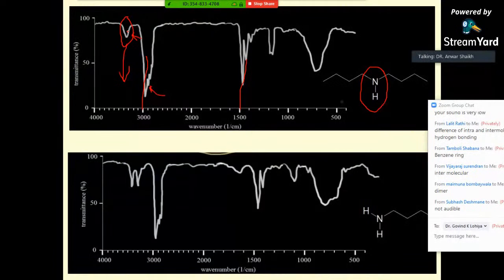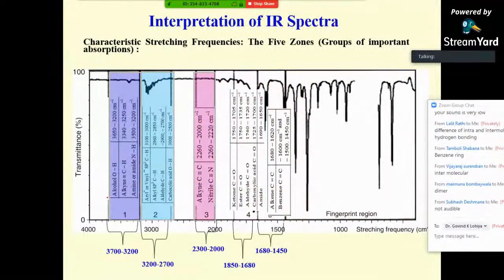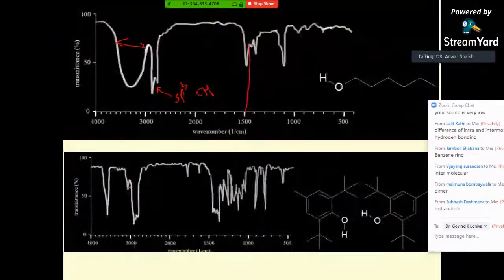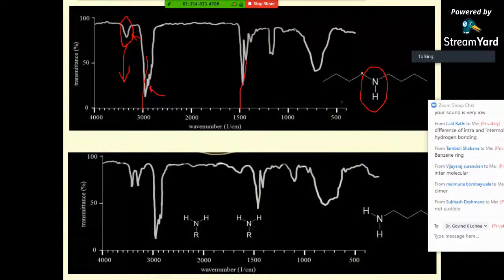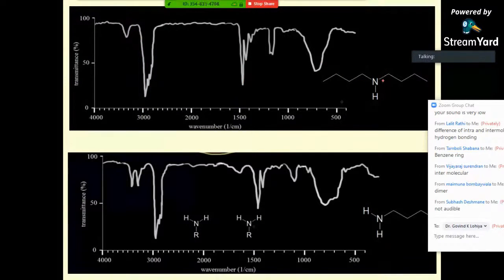I told you in the beginning that in region number 1 you can see amines and OH, and alkynes. So here you will be getting this peak due to the NH. Okay, a smaller peak is appearing here.